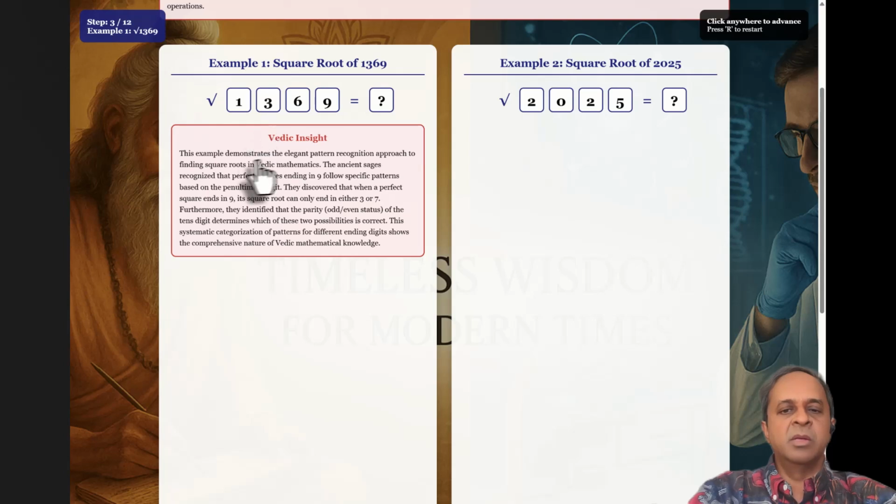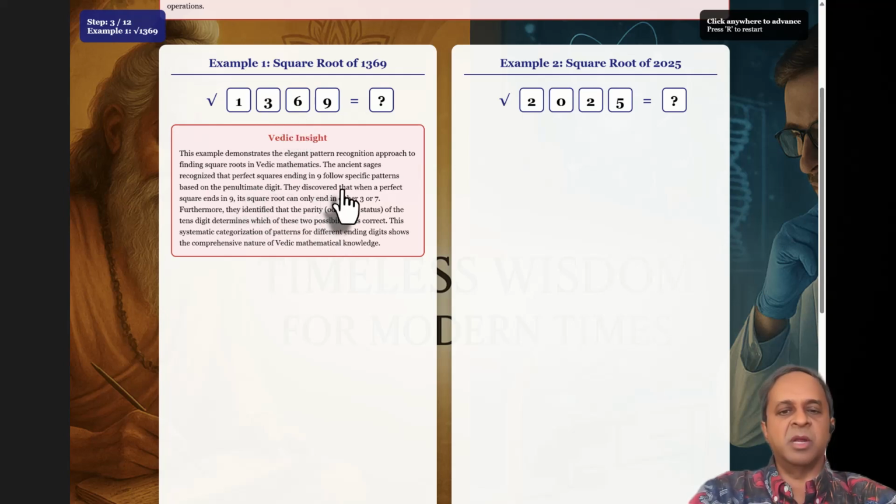Okay. So this example will demonstrate the elegant pattern recognition approach to finding square roots in Vedic mathematics. The ancient sages recognized that perfect squares ending in 9, like in this case, follow specific patterns based on the penultimate digit. In this case, it's 6.